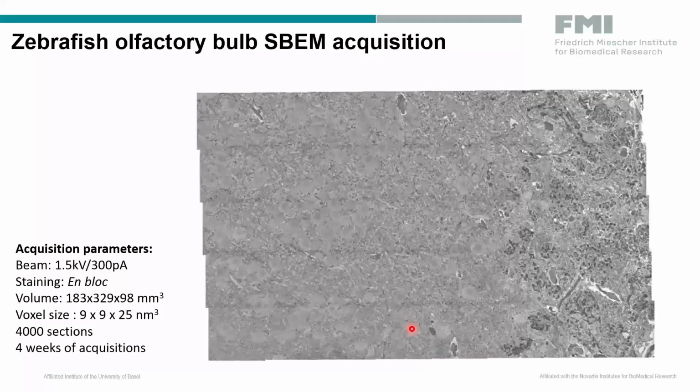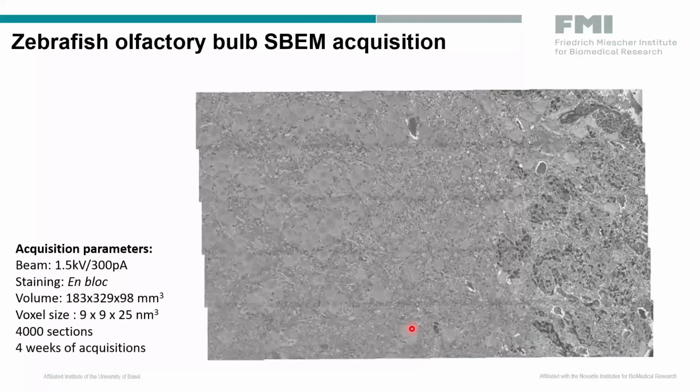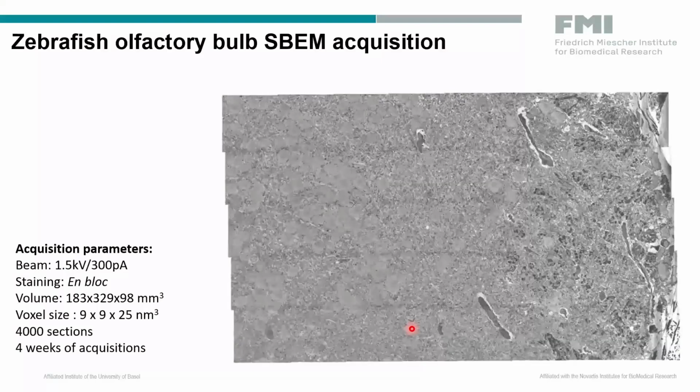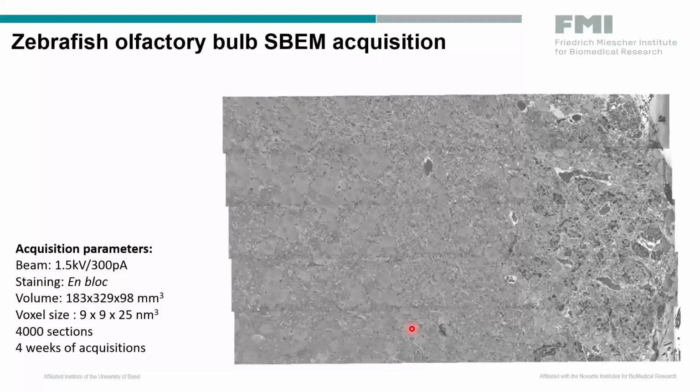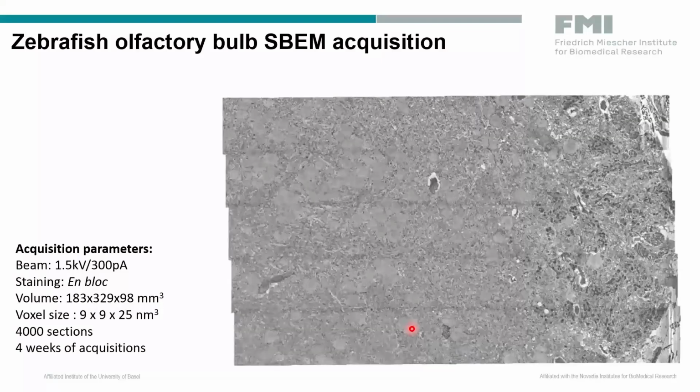The staining is with the Denk protocol, and this lasted 4 weeks for this acquisition. That's not our longest acquisition. Actually, the longest we did in the past was 14 weeks, non-stop acquisition.